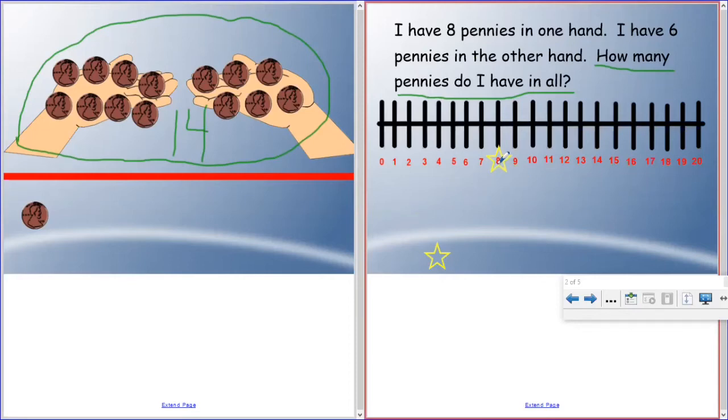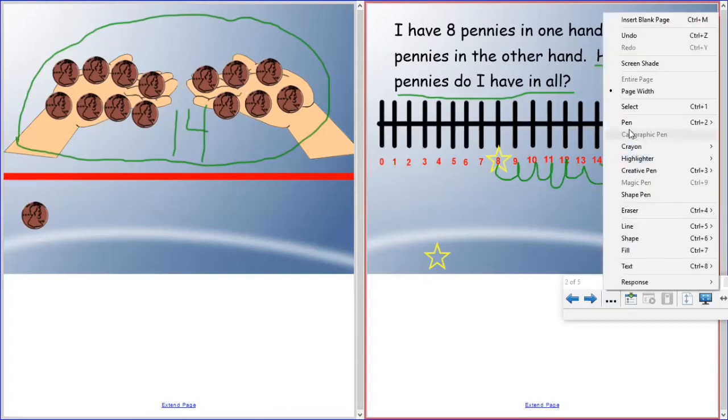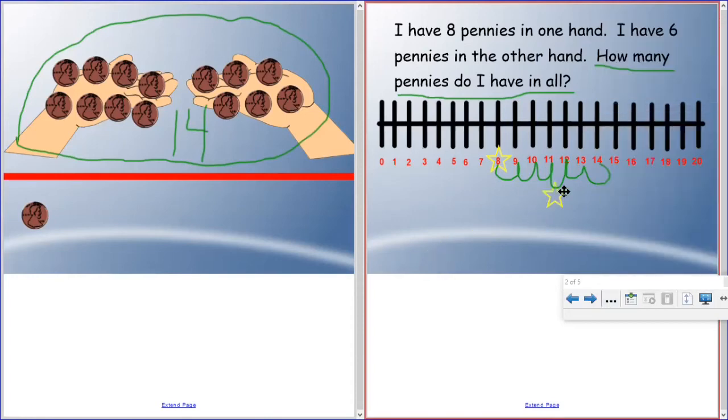Watch how I do that. 1, 2, 3, 4, 5, 6 jumps. Now I can put the other star around this number. When I started from the number 8 and jumped 6 times, I landed on the number 14 because 8 and 6 more is 14. And that's how you can use the number line to solve the problem.